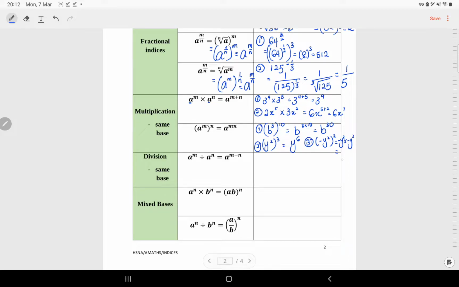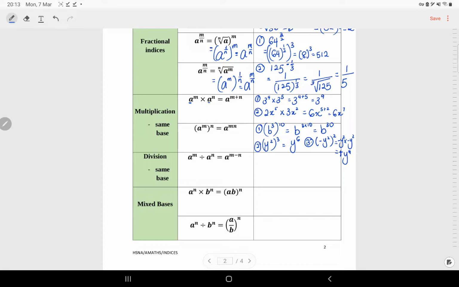Negative and negative becomes positive, and y is my base here, and they are of the same base, so y to the power 2 plus 2. You add them to become 4. So negative y squared, the whole thing to the power 2, is y to the power 4.